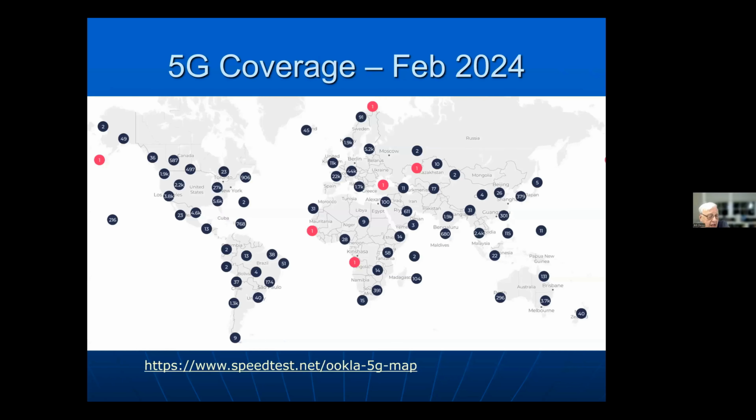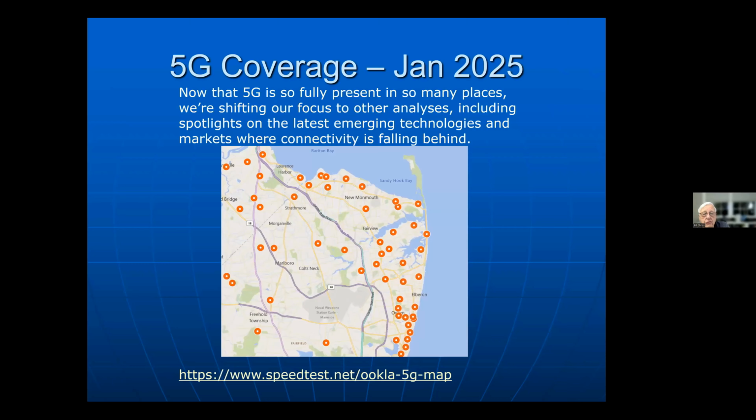In the past, I have always talked about 5G coverage, and this was the chart that we used back in February of 2024. As we move forward to February of 2025, they changed their focus and they started spotlighting things more locally. So this is the picture that we had back in 2025.